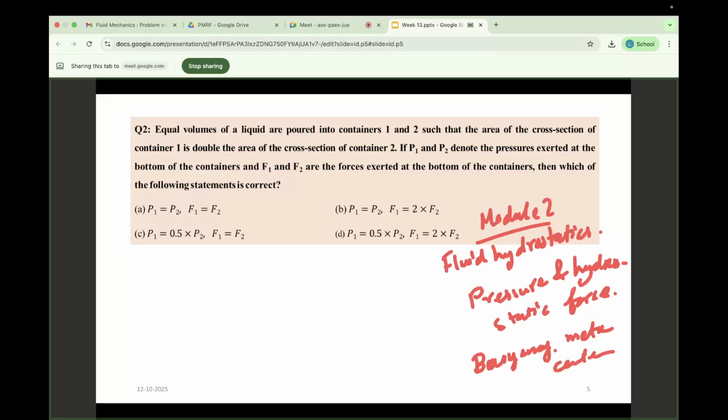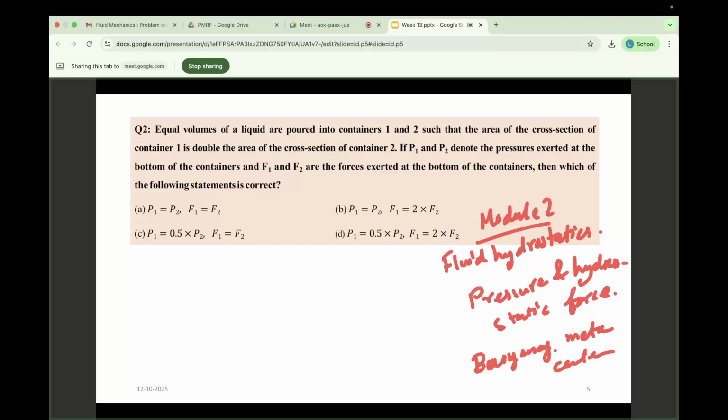Also we have studied Pascal's law. What is Pascal's law? Pascal's law states that at any point in a static fluid, the pressure is the same in all directions.